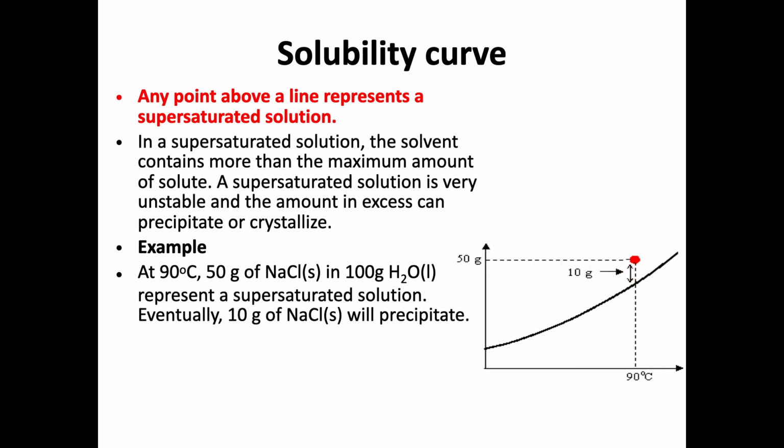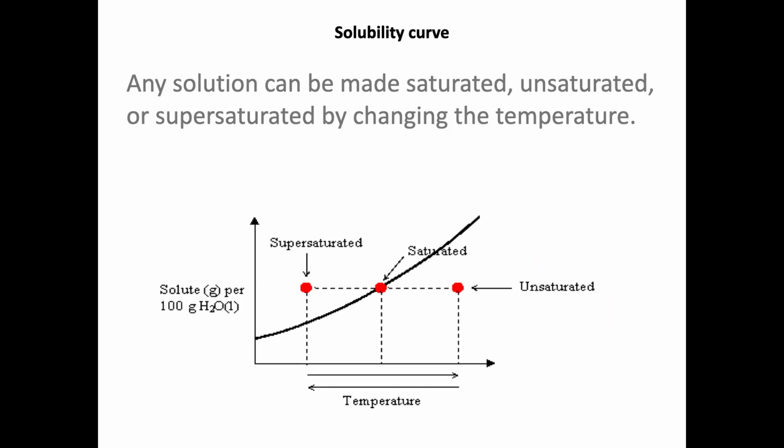I have 10 extra grams, so that is supersaturated. Remember, it's unstable. The excess 10 grams can easily precipitate, fall down to the bottom, or crystallize, make rock candy, that sort of thing. So below the line is unsaturated, on the line is saturated, above the line is supersaturated.